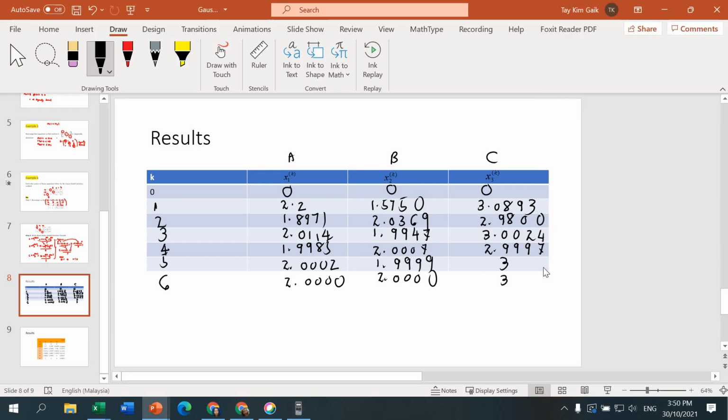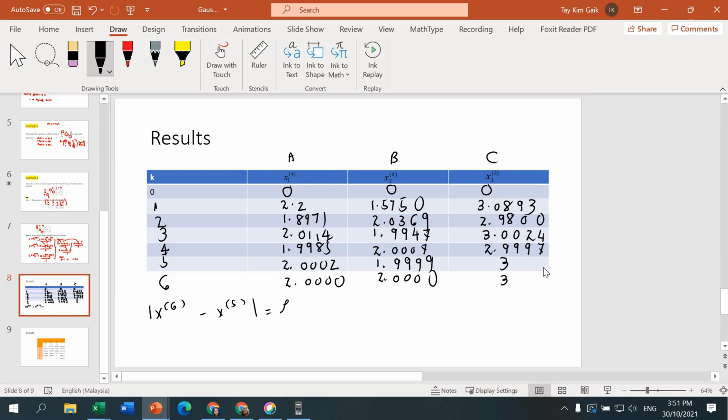So when you check the epsilon for each one, in X number 6, it means the magnitude of X at step 6 minus X at step number 5.